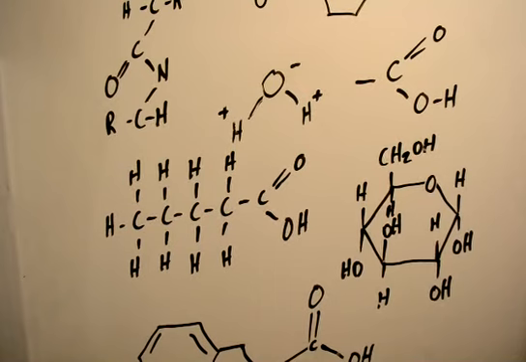Now, if you're looking for proteins, enzymes are proteins. Proteins are held together by peptide bonds, and enzymes also end in ASE. So you have 3 of them that are going to be proteins.